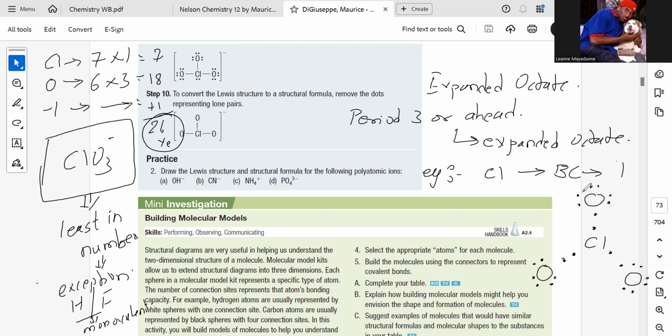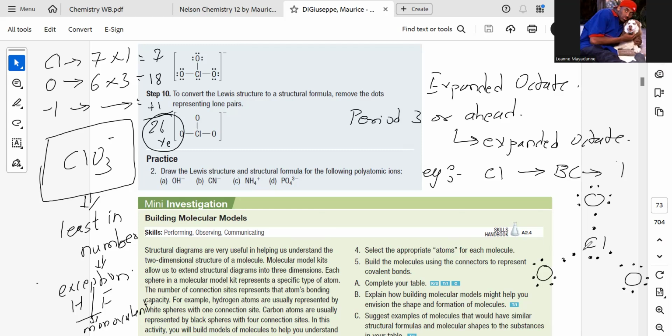If you observe 6 and 18, we are done with 24 electrons. We still have two more remaining, so those two go in the center.